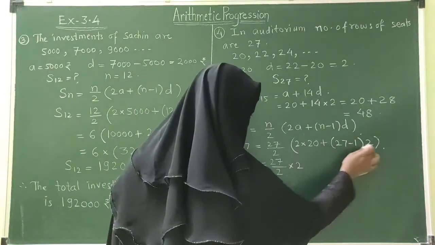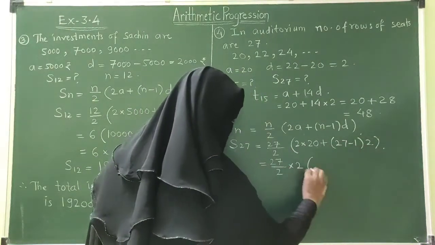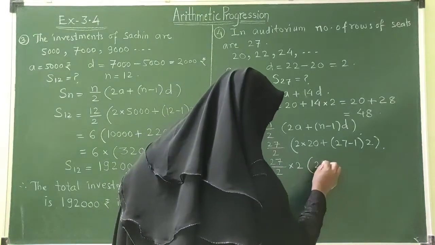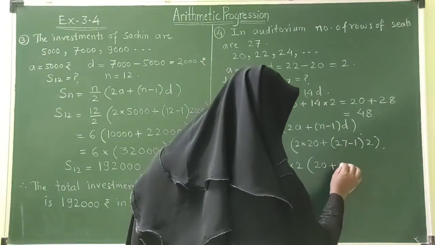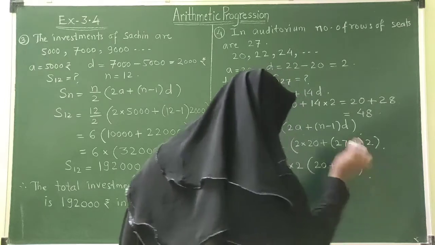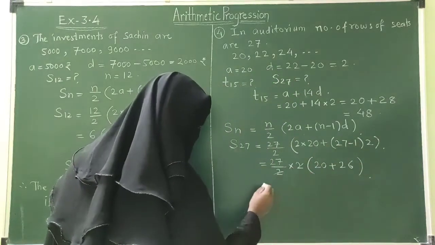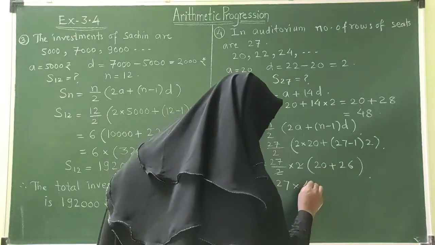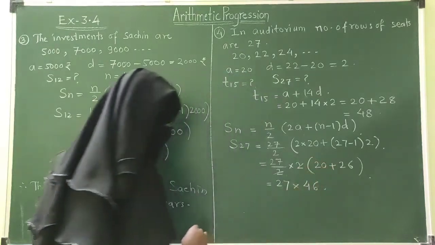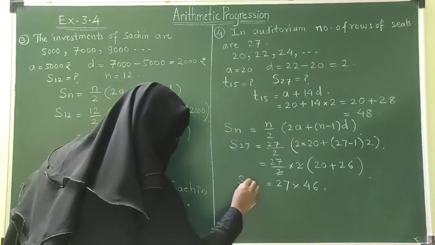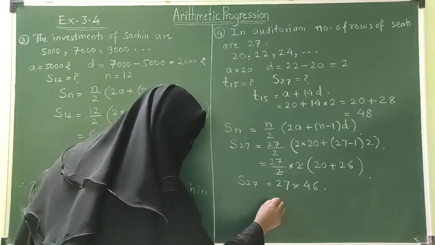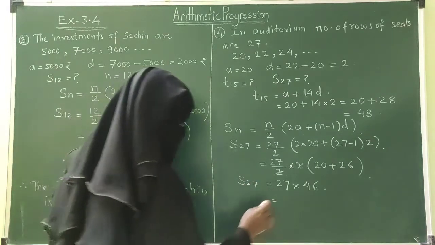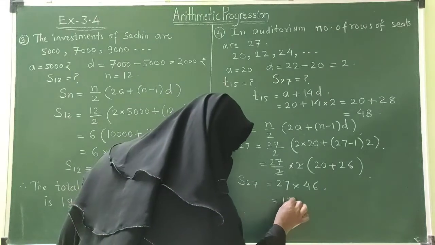Here 2 is common, so we take out of bracket. We get here 20 plus 27 minus 1 is 26. This 2 and this 2 will cancel. 27 into 46. Multiplying these two, we get 242.